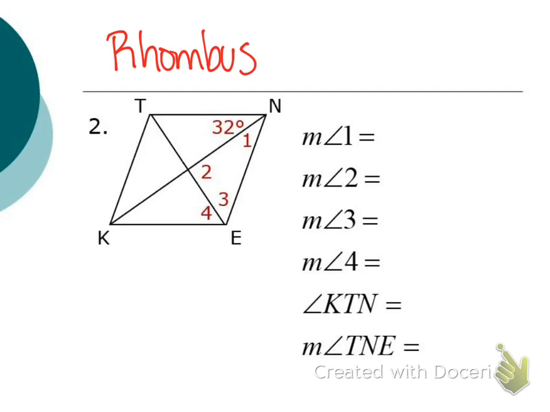I agree that it is 32. I just don't agree with the reason why. So we need to figure out why measure of angle 1 is 32 degrees. We cannot go based on looks. I would consult my properties of a rhombus that I just wrote down on the front if I am unsure.